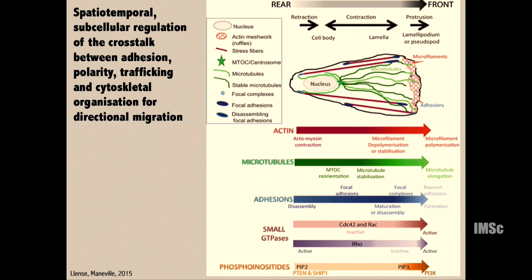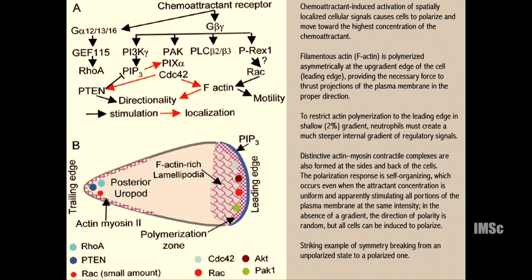Some of them are probably real gradients, some of them are not, that allow a cell to exhibit directional migration. Some of these are signals, some of these are polymers, some of these are adhesion turnover gradients, some of these are gradients of switches, right? So even within a cell, you can think of all of these gradients.